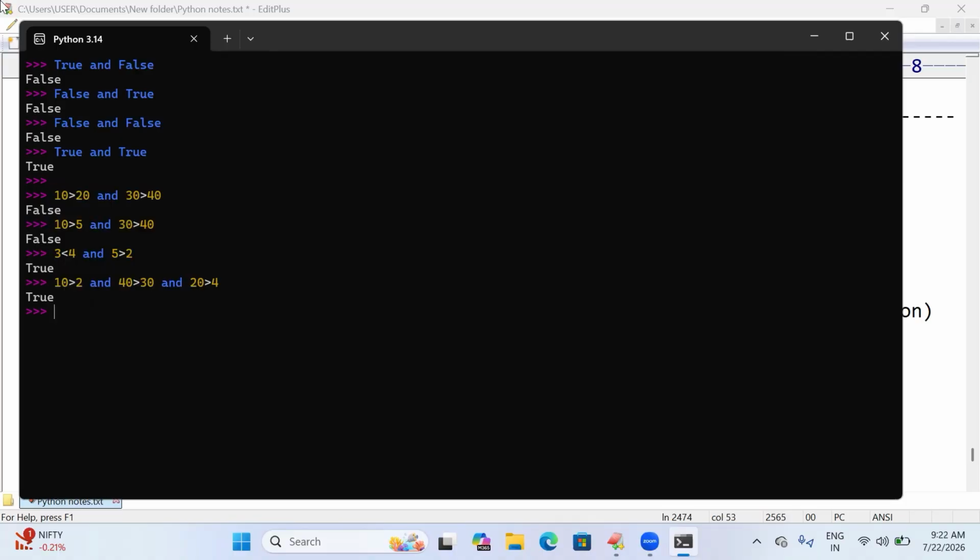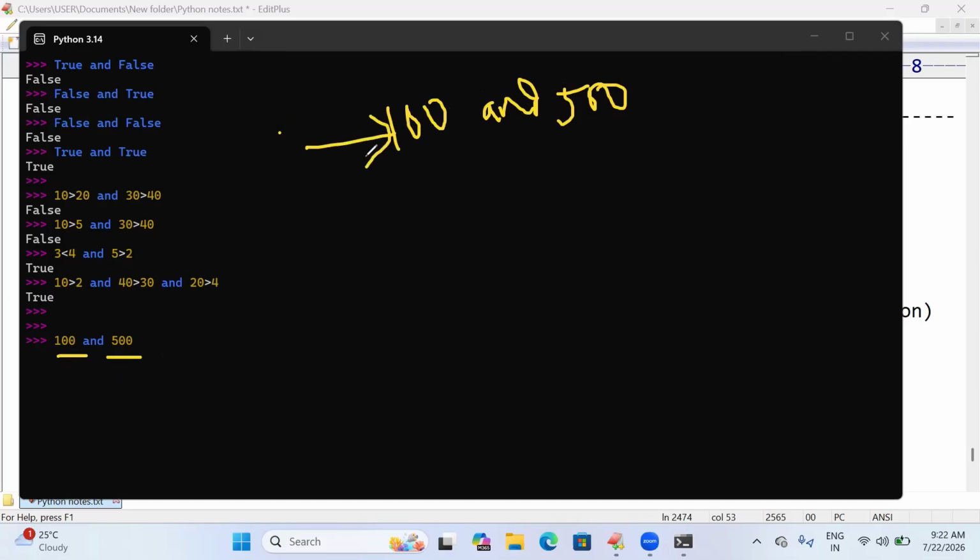Level 3 examples are going to be some different type of examples. Let's see the level 3 examples. I'm going to do this: 100 and 500. Try to understand what the output is. 100 is non-zero, 500 is also non-zero. Non-zero values are true, right? So 100 is true, 500 is also true.